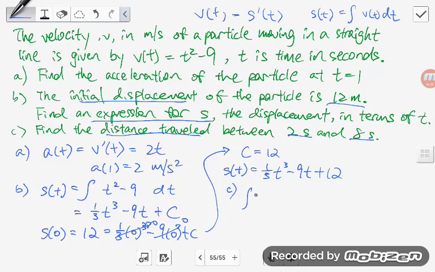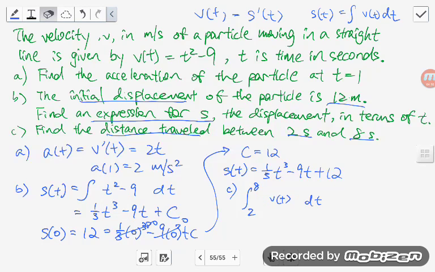Now, finding the distance is pretty much the same thing as finding my displacement, but with an absolute value. With the absolute value, we are talking about distance. Without the absolute value, we are talking about displacement.